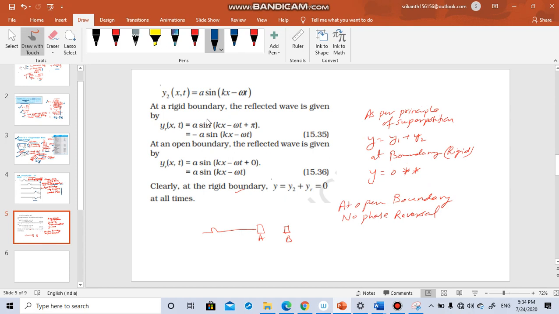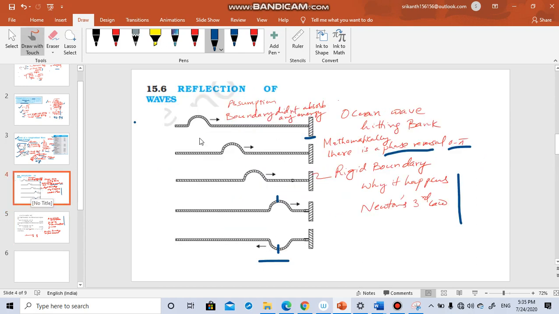Like we have studied the principle of superposition, in the principle of superposition we basically add up the displacements of both the waves. Here this pulse is traveling from left to right, and then after hitting the boundary it is traveling from right to left.